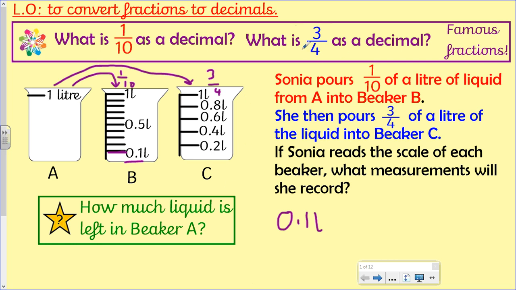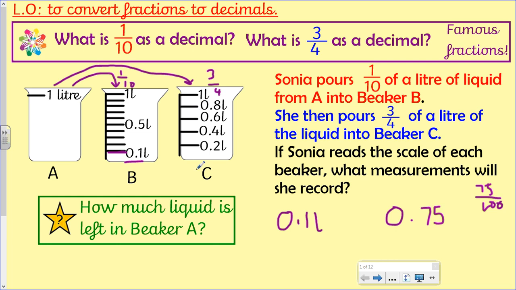It says to think about what 3/4 is as a decimal. So again, that was yesterday's lesson. Now, I know that 3/4 as a decimal is 0.75, the same as 75 hundredths, which you should have looked at yesterday. Now, on this scale, we've got 0.2, 0.4, 0.6, 0.8.